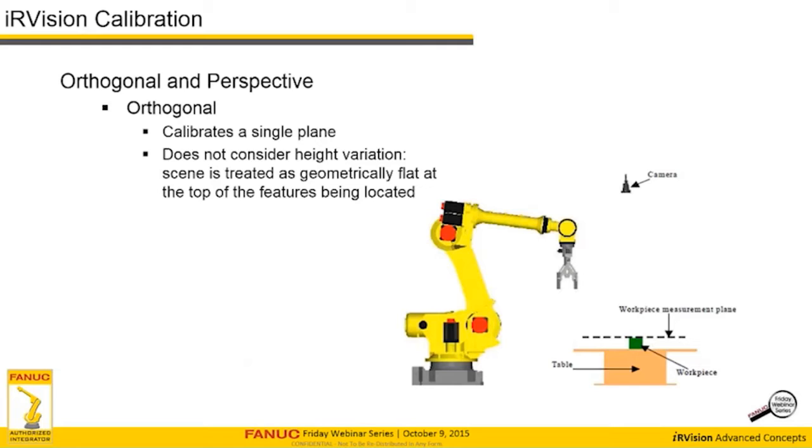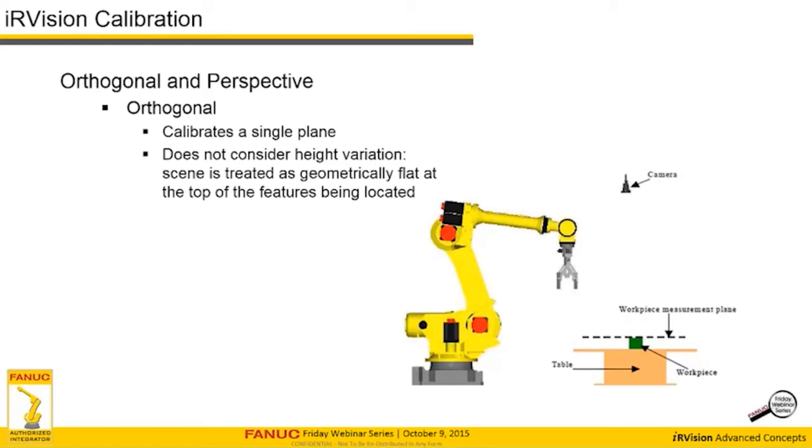First of all, orthogonal calibration is the simplest of the iRVision calibration processes. It calibrates a single plane. It does not consider height variation. That means that if the part changes height, the calibration will become invalid. The calibration doesn't take into account lens focal length, nor does it take into account the possibility of the part varying in height.